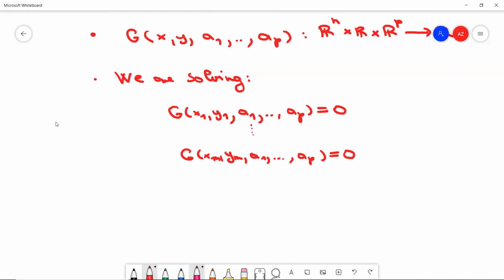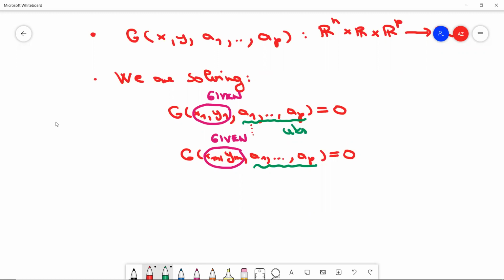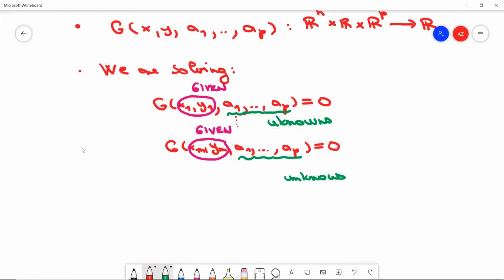So x1 and y1 are given, and xm and ym are given, while a1 up to ap are parameters. So these are the unknowns. And so how many equations do we have?